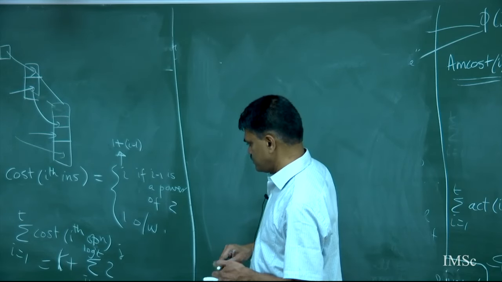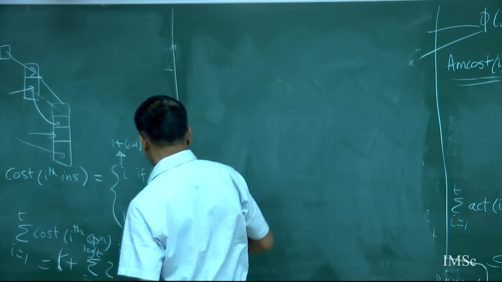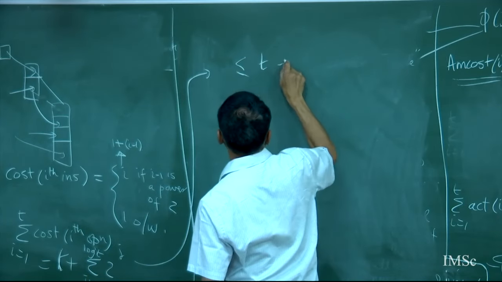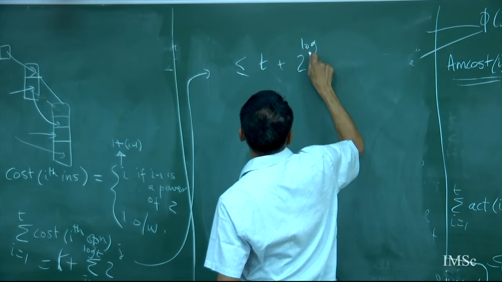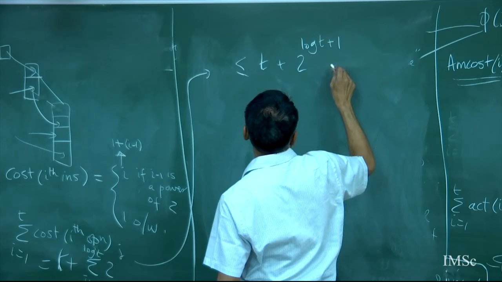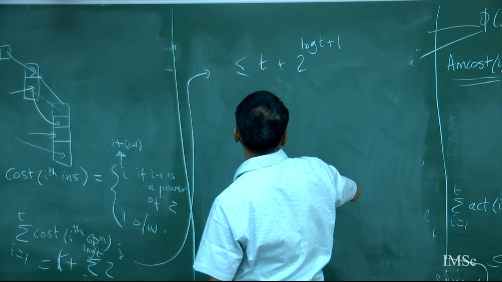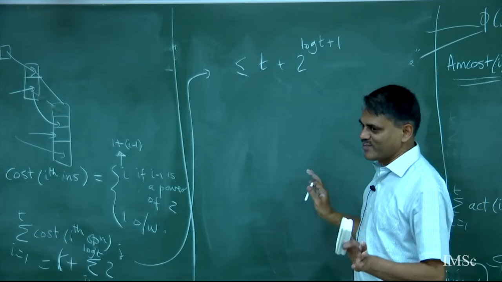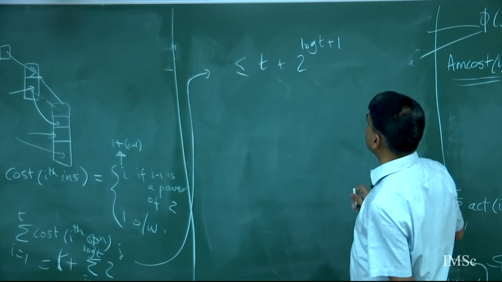2 to the power log t plus 1, divided by 2 minus 1. So there is nothing more.